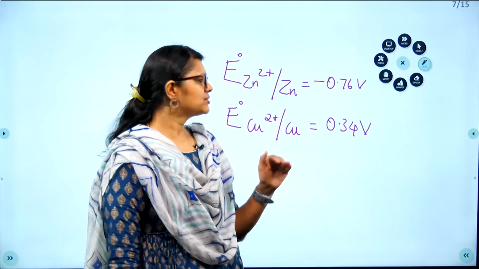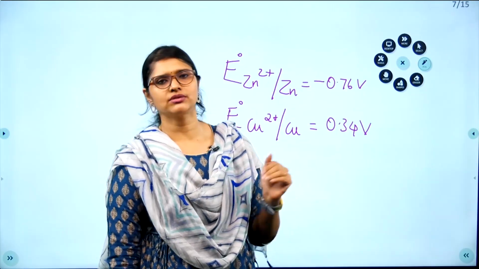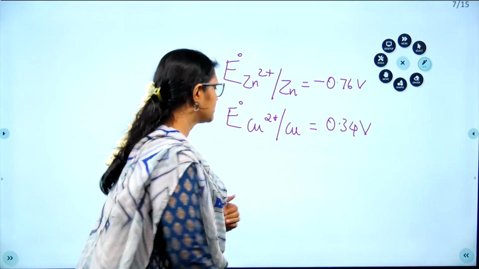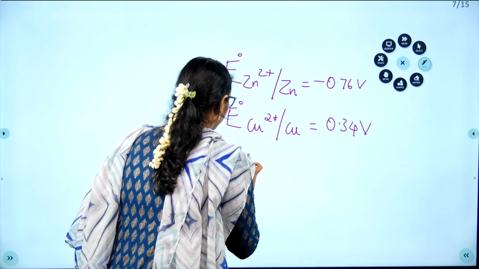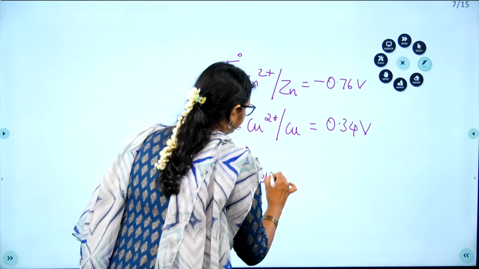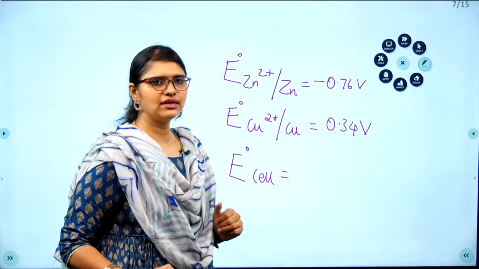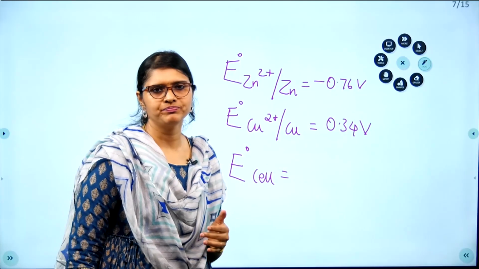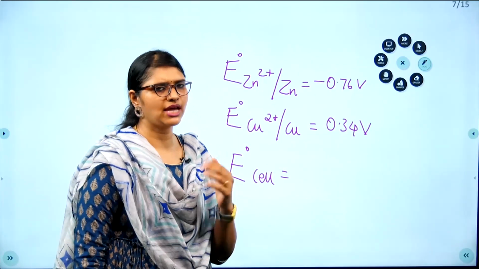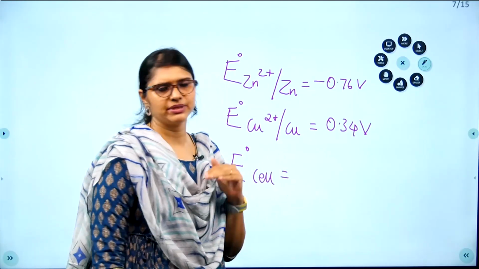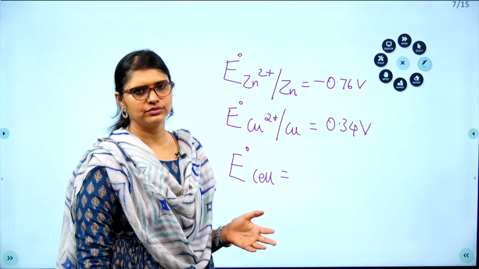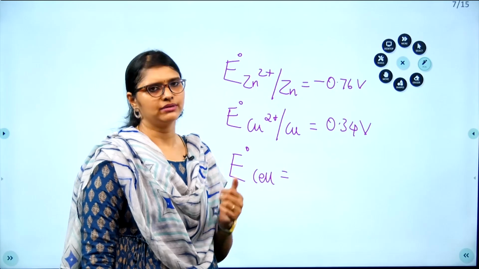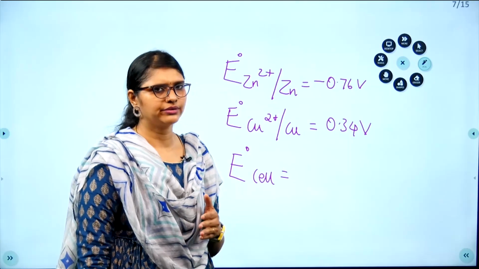Is it okay? So now let us see how to calculate E naught cell for the Daniell cell. E naught cell is equal to EC minus EA. We saw the formula, no? So what is EC here? Which is the cathode here? Zinc is there, copper is there. So which is the cathode? Copper. Am I right? Which will act as anode here?